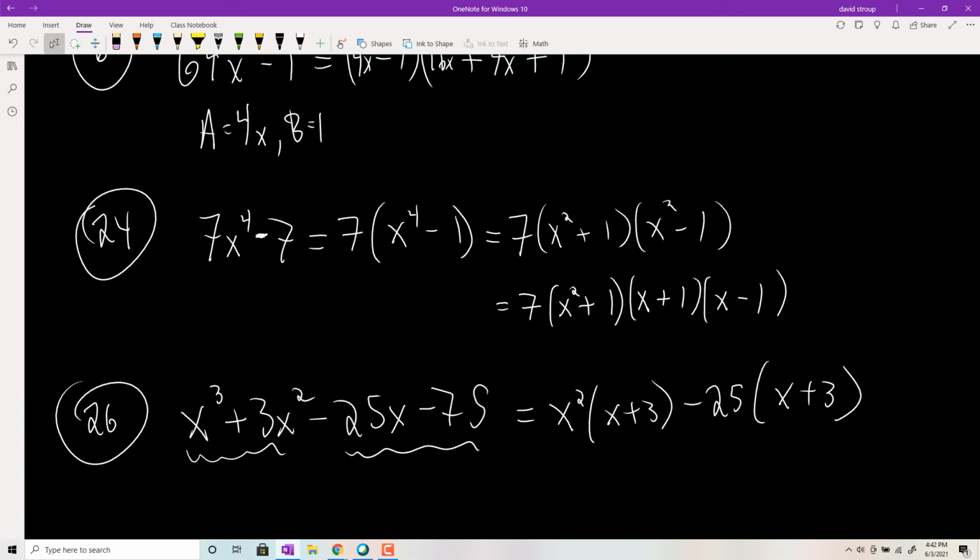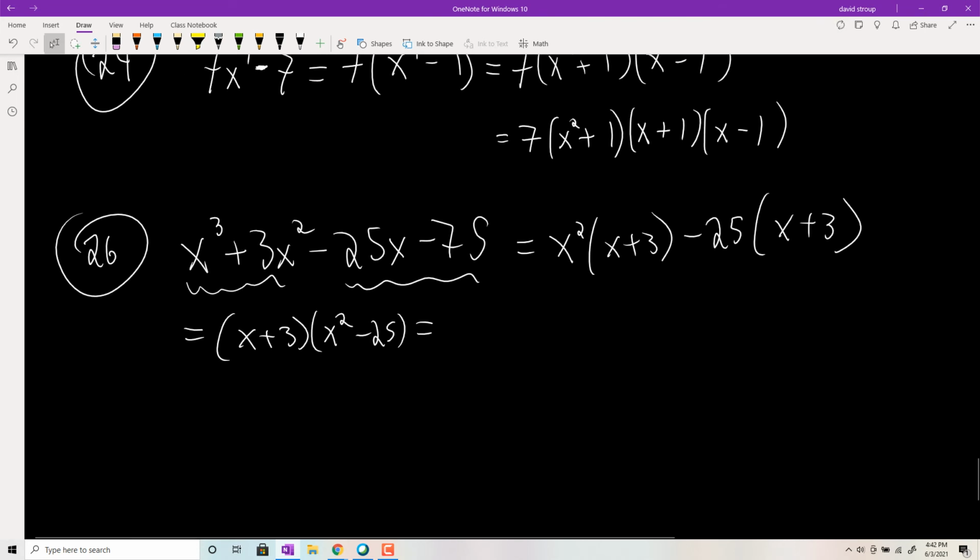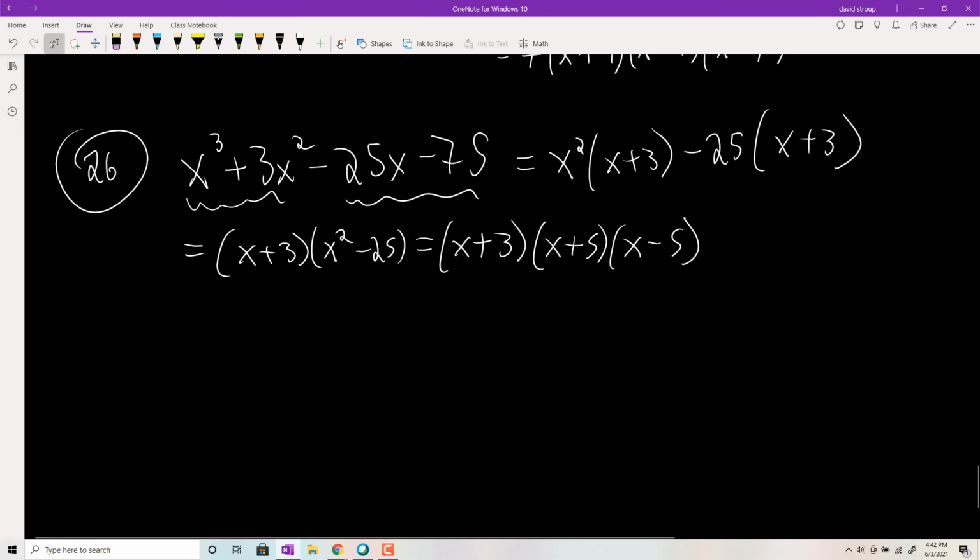You see I got that common factor of x plus 3 I can factor out. I'm left with x squared minus 25. And am I done? No. X squared minus 25 is a difference of squares again, so we can continue on. You get x minus 5, x plus 5, or x plus 5, x minus 5, either one's correct. So just, again, make sure you keep on going.